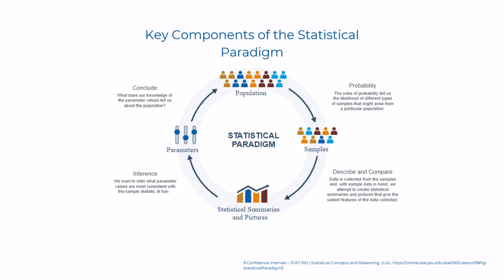Previously, we focused on probability, which tells us what kinds of samples might arise from a known population. That's why we create rules that tell us the likelihood of different types of samples that might arise from a particular population. So we call that our sample space.